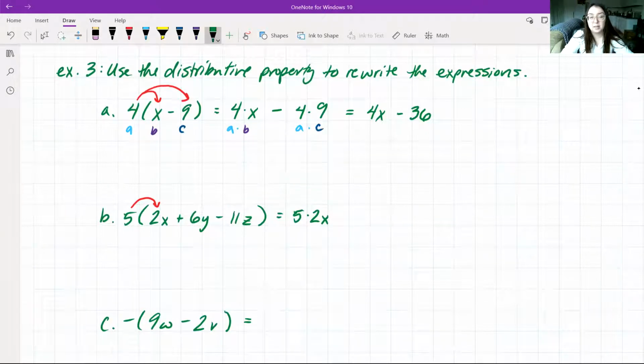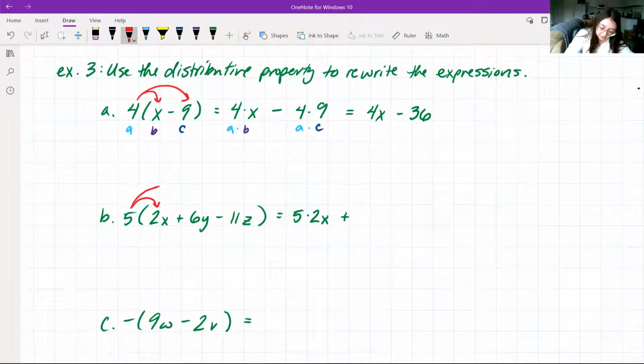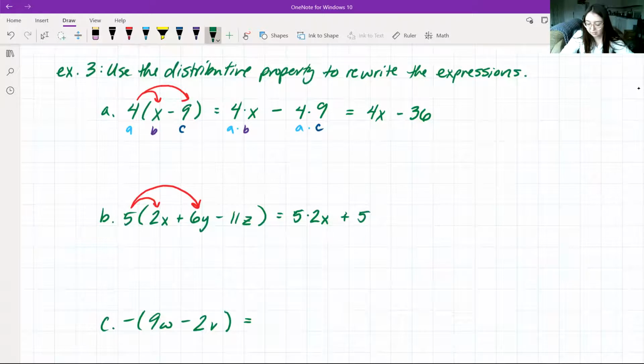Then we keep that same operation, so we have addition first. So we have plus, and then we distribute to our next number. We take our 5 times 6y, so now we have 5 times 6y.